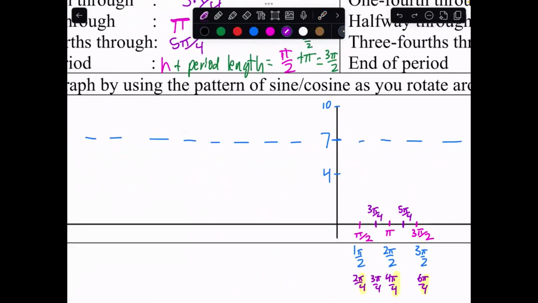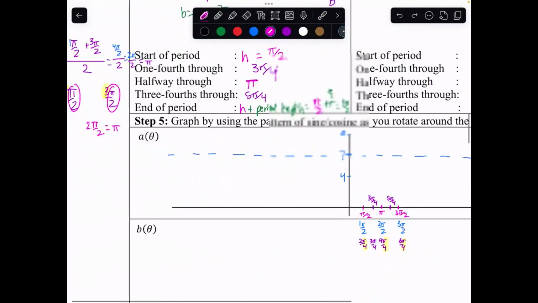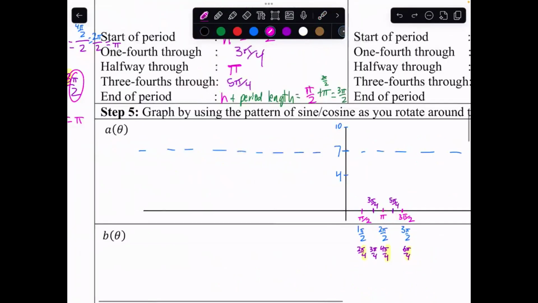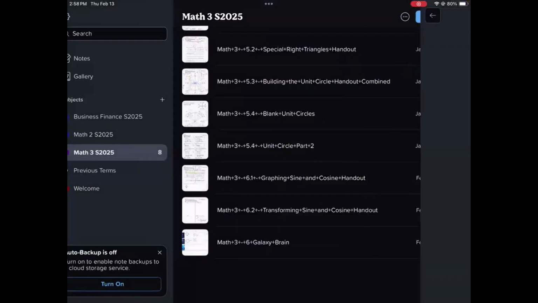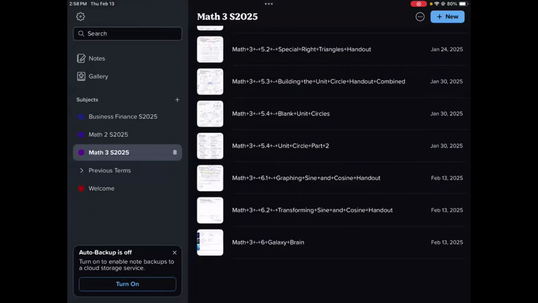So this is going to be our galaxy brain understanding of the sine function. Why don't we go back here?